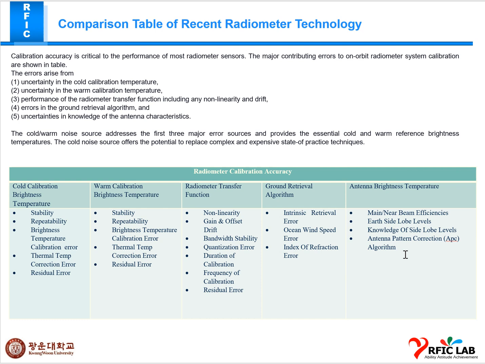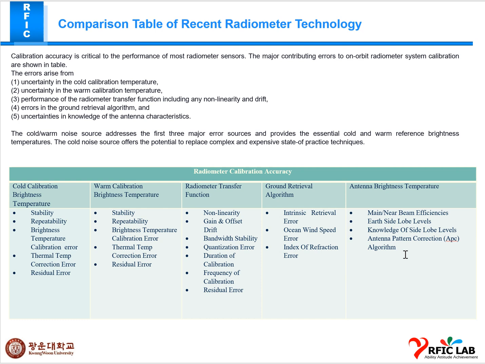In the first column you can see the cold calibration brightness temperature, second is the warm calibration brightness temperature, third is the radiometer transfer functions, the fourth is the ground retrieval algorithm, and the last is antenna brightness temperature.